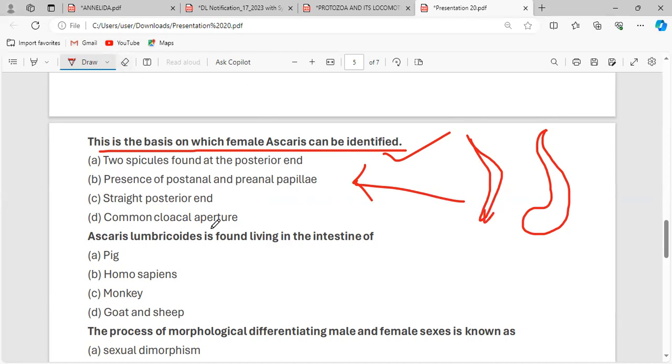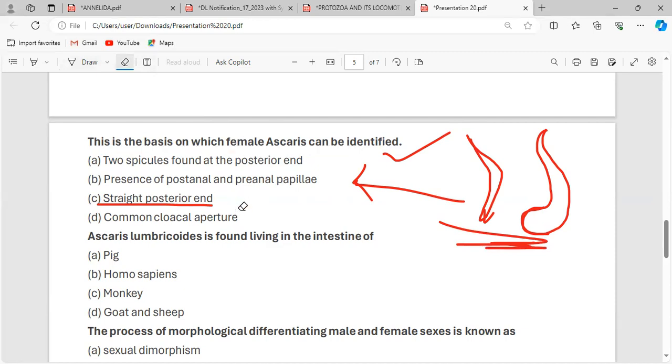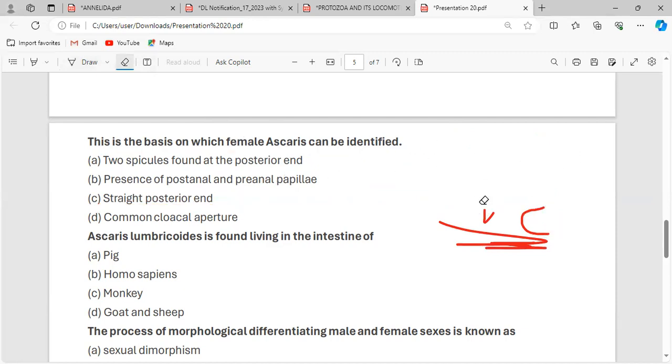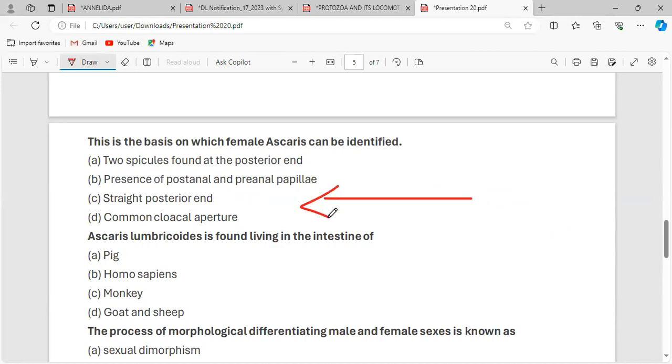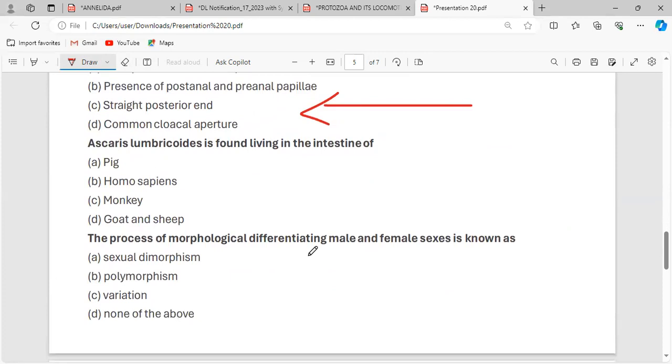By looking at this, we can know whether it is a female or a male. What I have explained in the class will be reflected here. That is why I am saying revising the PPT is more than sufficient. And go through the books you have once again.